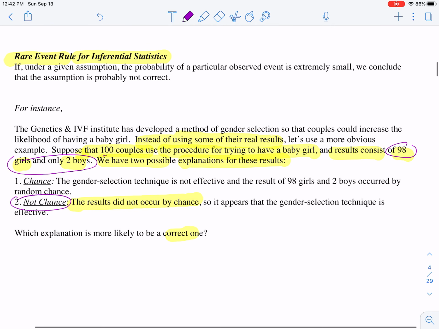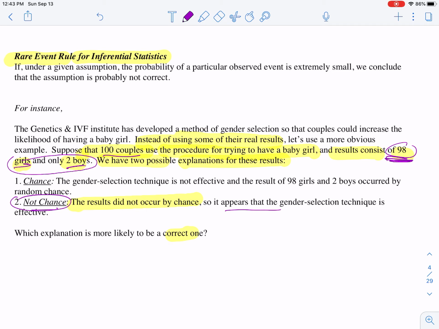If we select 100 couples and we see this, it did not occur by chance, because the chance is so small, extremely small. We're not going to go with the explanation that it happened by chance, but we're going to go with the fact that this gender selection technique is effective, and therefore these 100 couples delivered 98 girls and 2 boys.